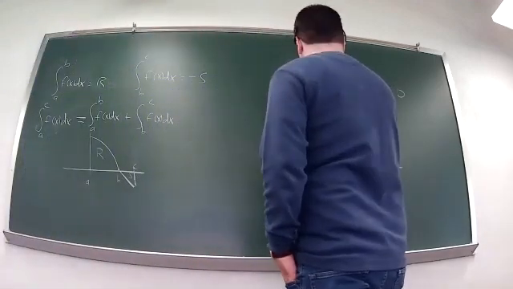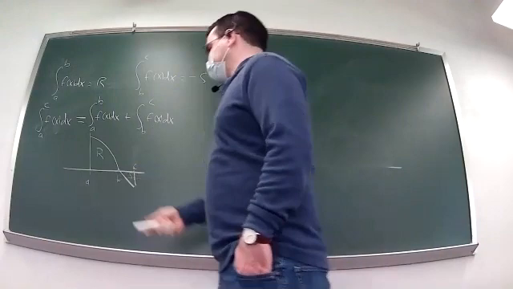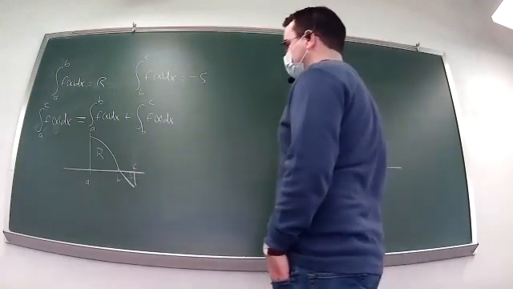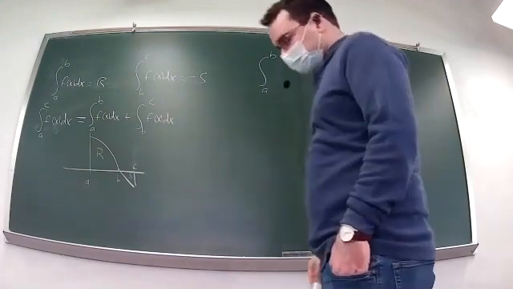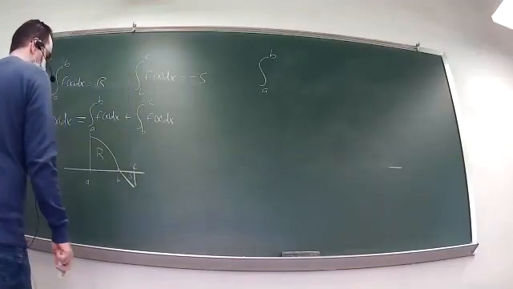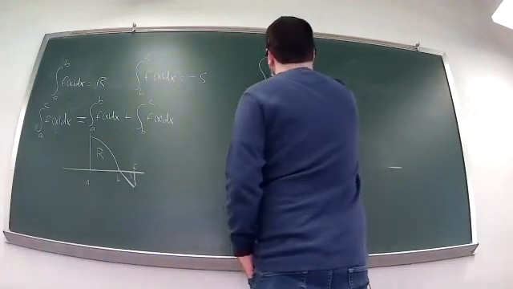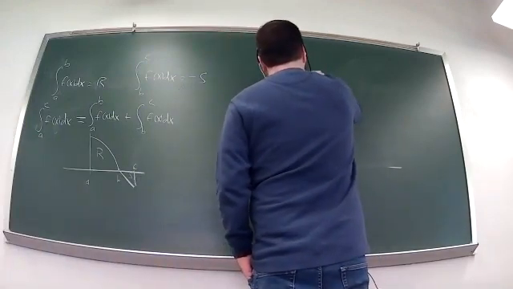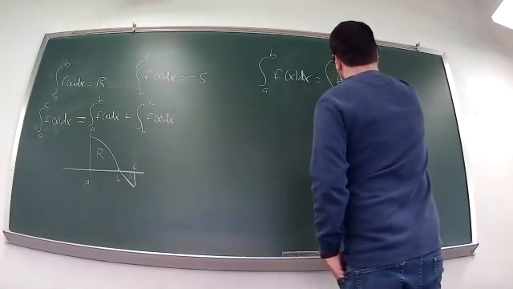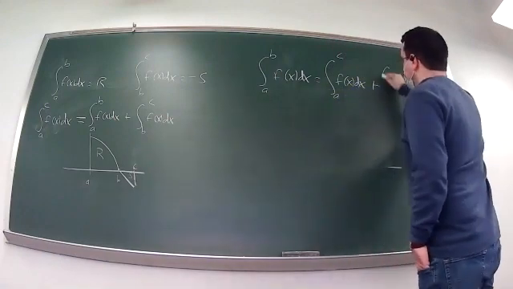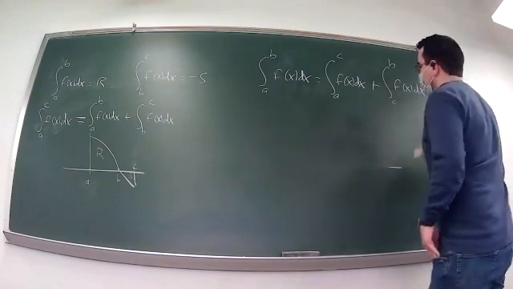So B doesn't even have to be between A and C. You could say the integral from A to B of f of x dx is equal to the integral from A to C of f of x dx plus the integral from C to B of f of x dx.